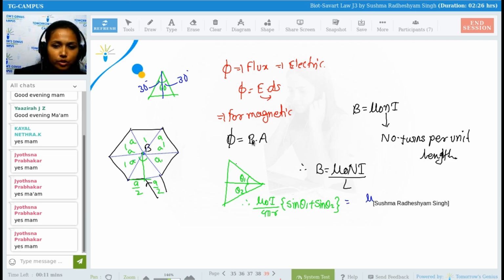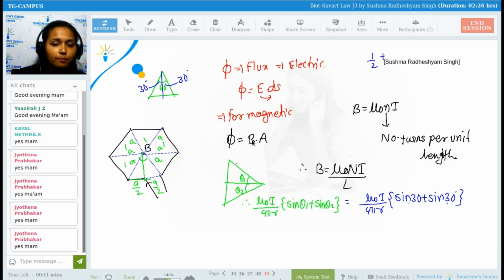So if I put mu naught I over 4 pi r here, sine 30 plus sine 30. What is the sine 30? Sine 30 is simply 1 by 2. 1 by 2 plus 1 by 2 is 1. Am I right? So from here we get mu naught I upon 4 pi r times 1.